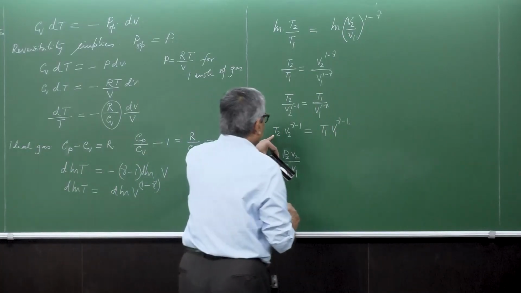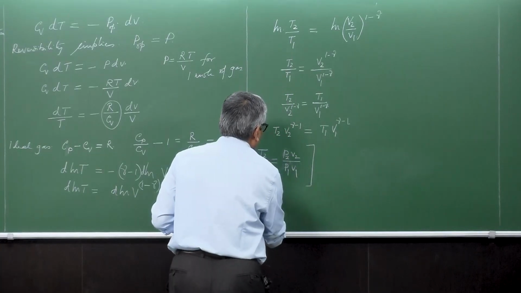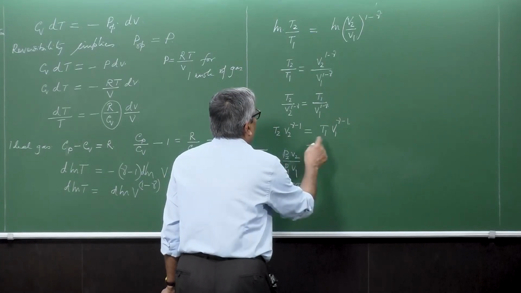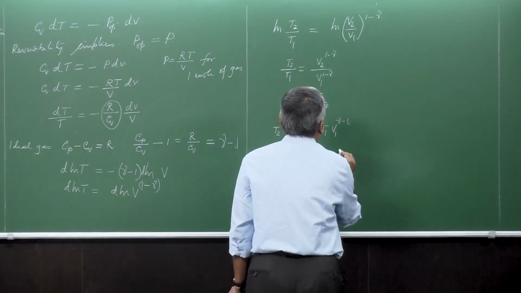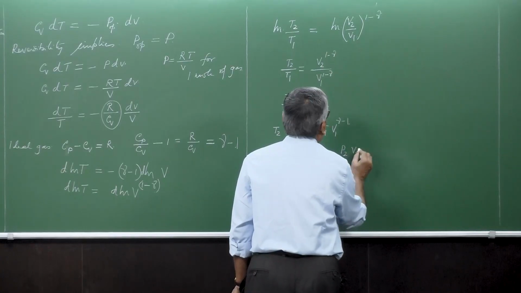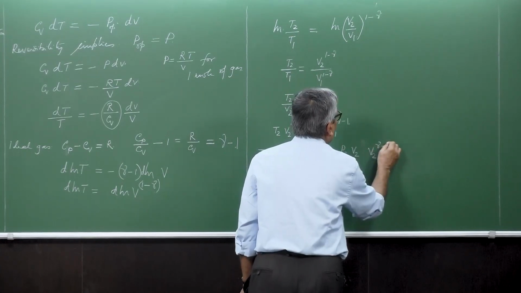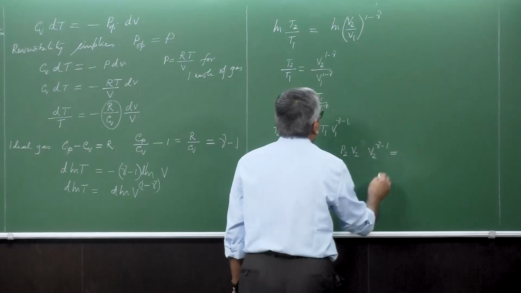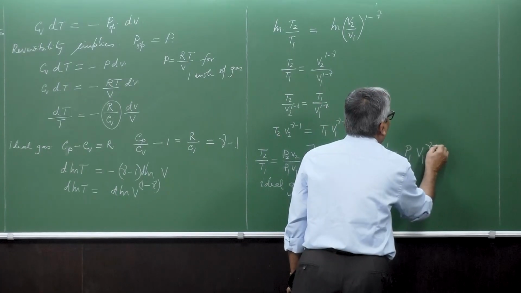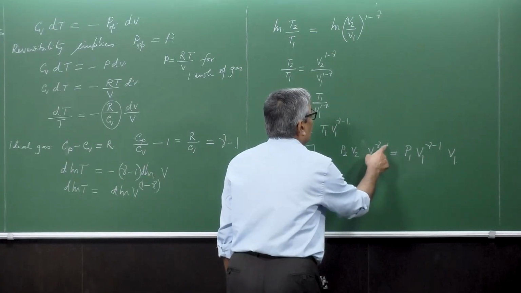That means I can replace this T2 by T1 for the ideal gas again, and then P2 V2 times V2 to the power gamma minus 1 equal to P1 V1 times V1 to the power gamma minus 1, and that gives me the cancellation of this one.